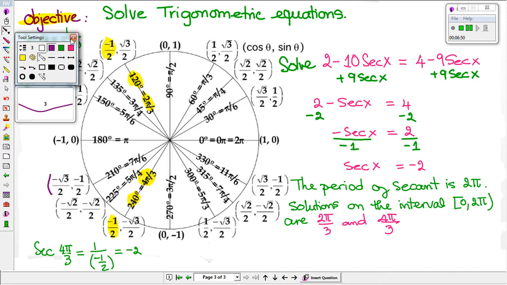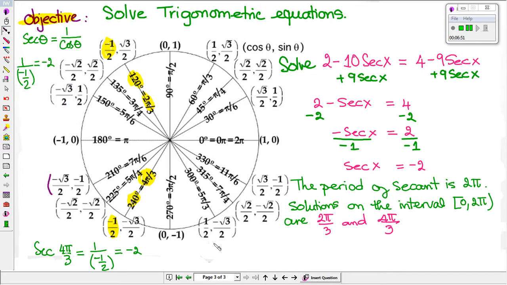The solutions on the interval from negative infinity to positive infinity are, let's start with 2 pi over 3.